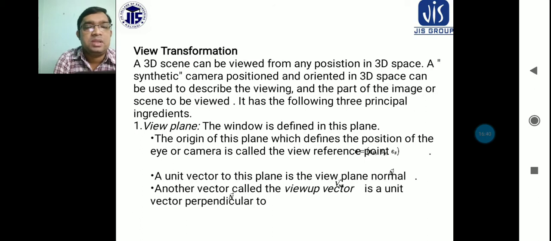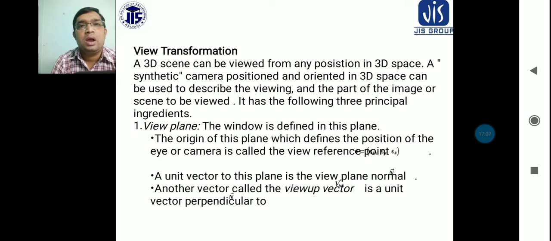The camera's position and orientation are required for the 3D view transformation, and this is the display and the window of the system.